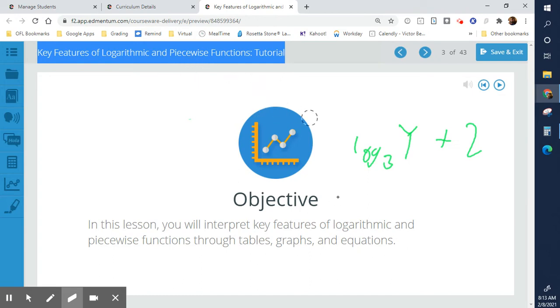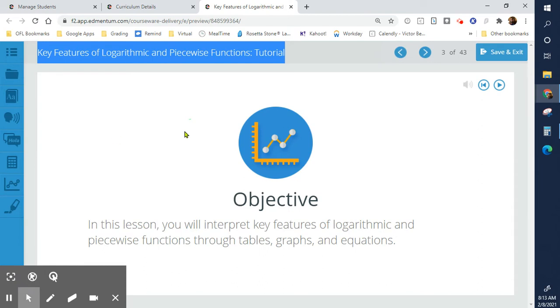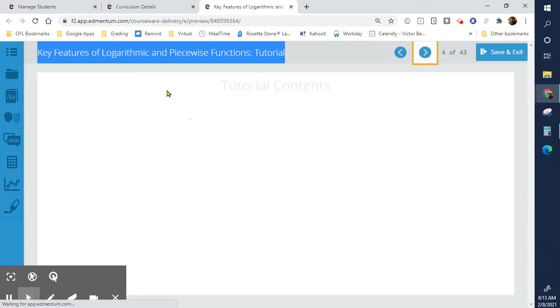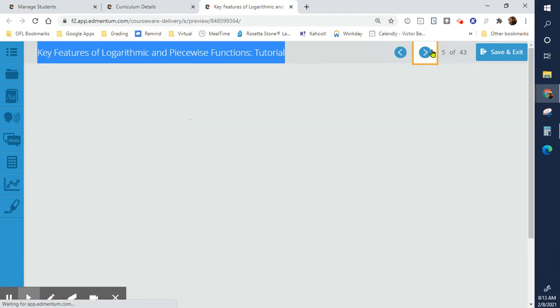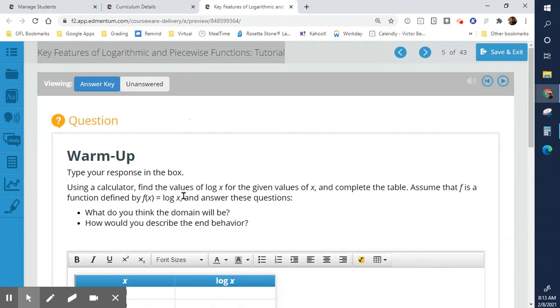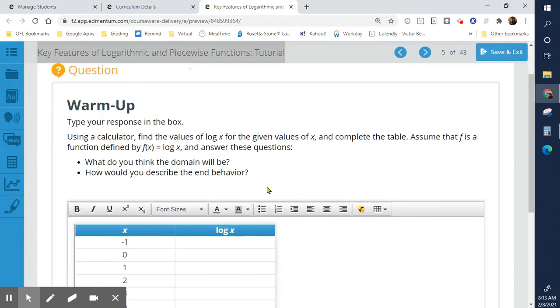We've done stuff like this when we did transformations. Anytime we've done transformations, if you add it to the x, it moves it to the left. If you add it to the y, it moves it up. If you subtract it from the x, it moves it to the right. Those fun things. So let's talk about behaviors.